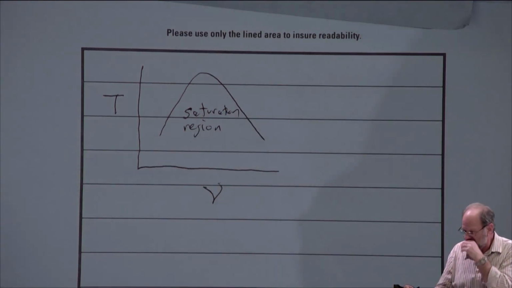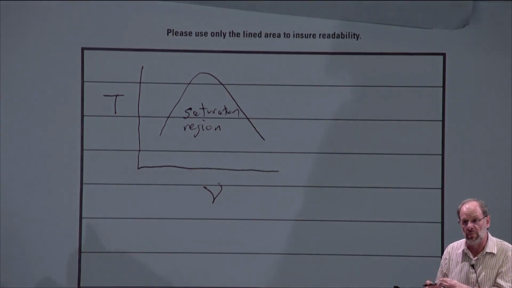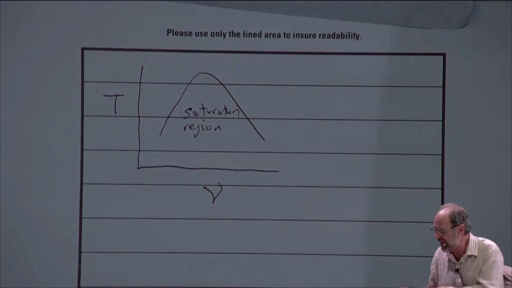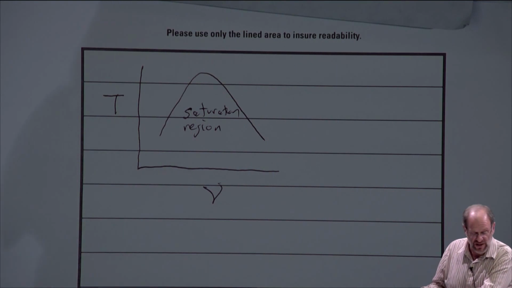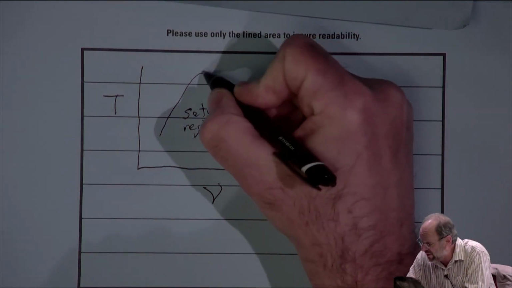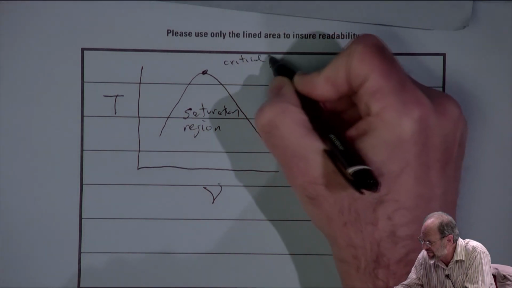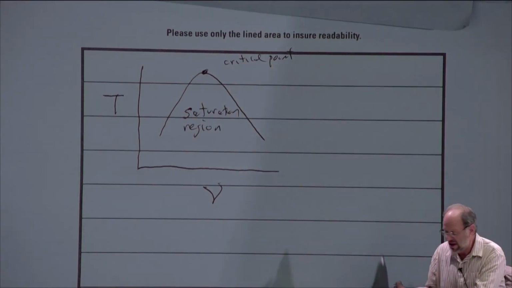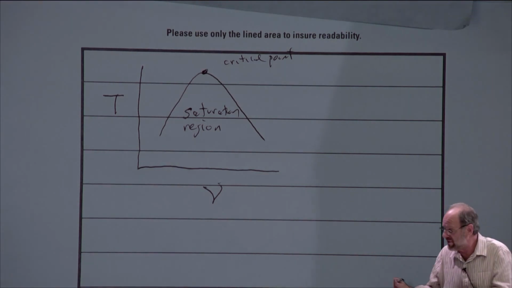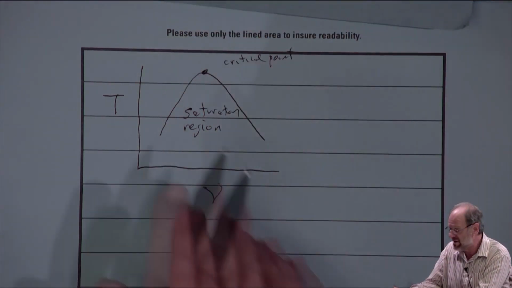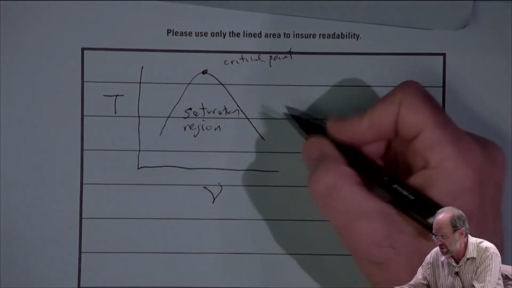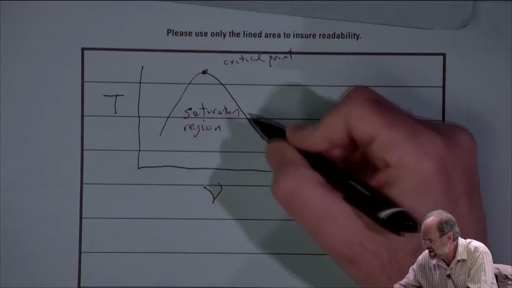This is a region where we have a mixture of part liquid and part vapor. So that's called the saturation region. The critical point is right at the top. Anything to the right of the critical point and to the right of the right-hand side of the dome here, this is going to be our vapor.